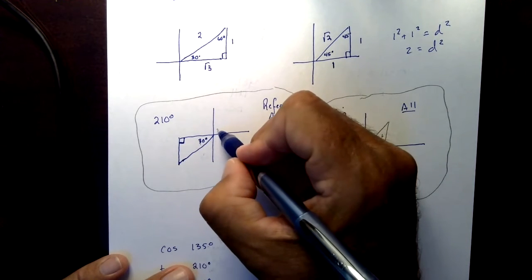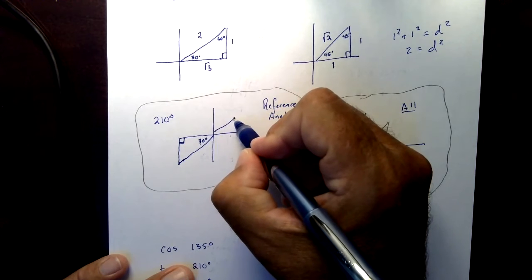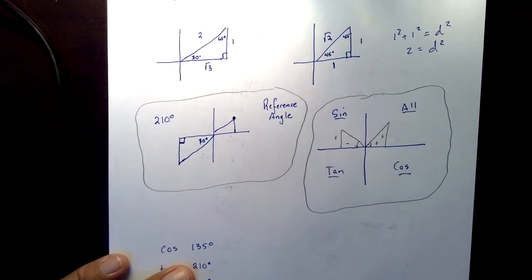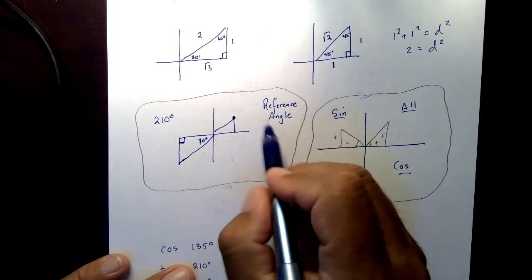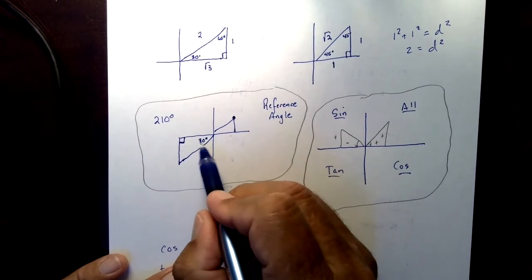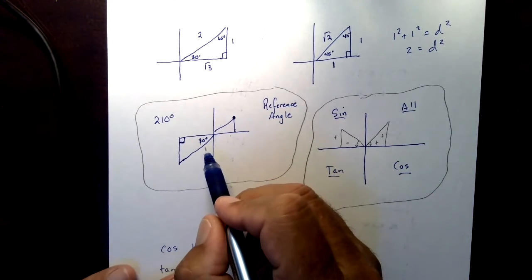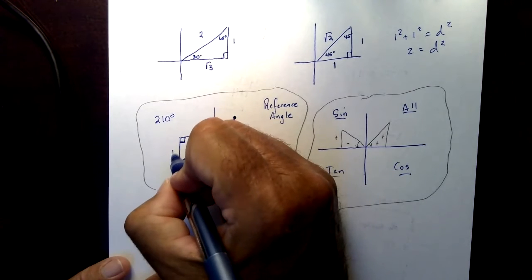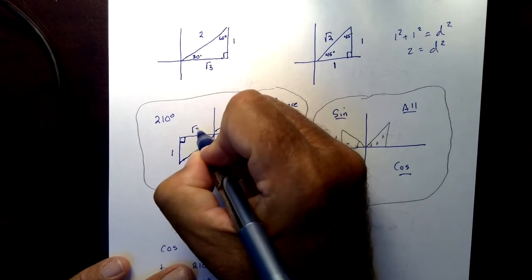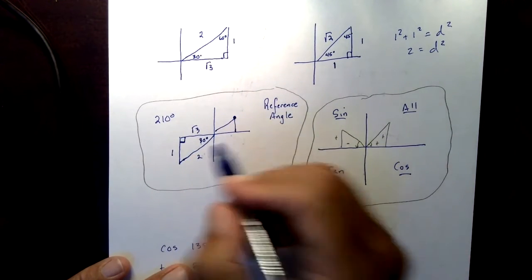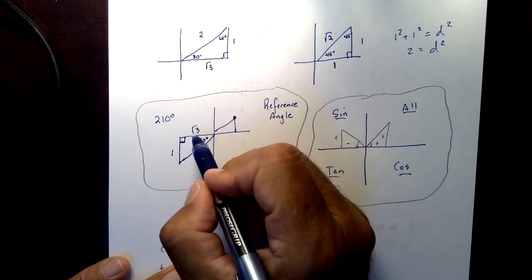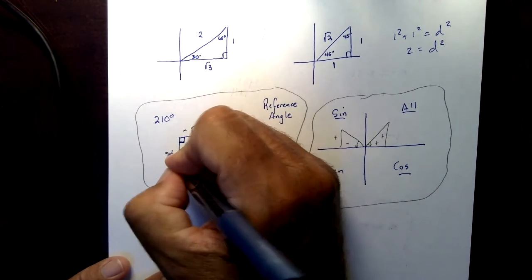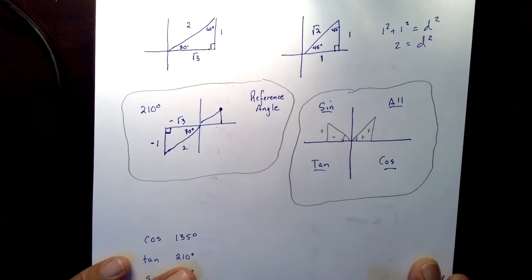So if I was drawing something over in the first quadrant, I would draw the reference angle back to the x-axis. So now for 210 degrees, I'm going to use my 30-degree triangle. As I start to put in the values, opposite 30 is 1, square root of 3, and 2. And by location, this is actually a negative value. And by location, this is also a negative value, okay?